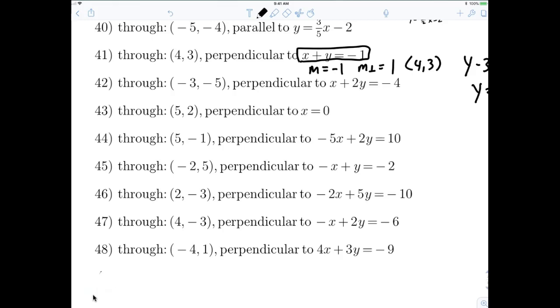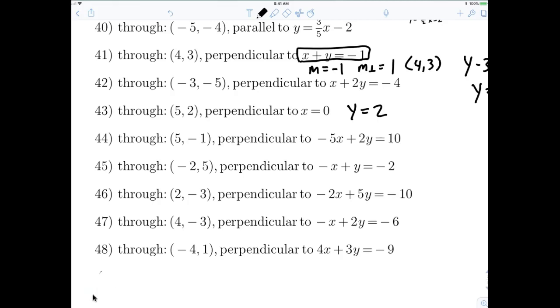And horizontal is always... no, that's vertical, guys. It's the y, which in this case the answer would be y equals 2. Come on now, think about this, guys.